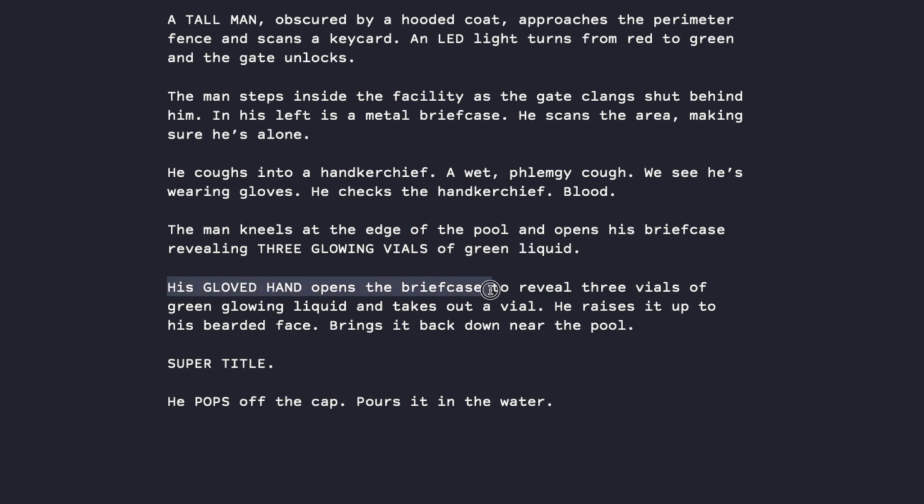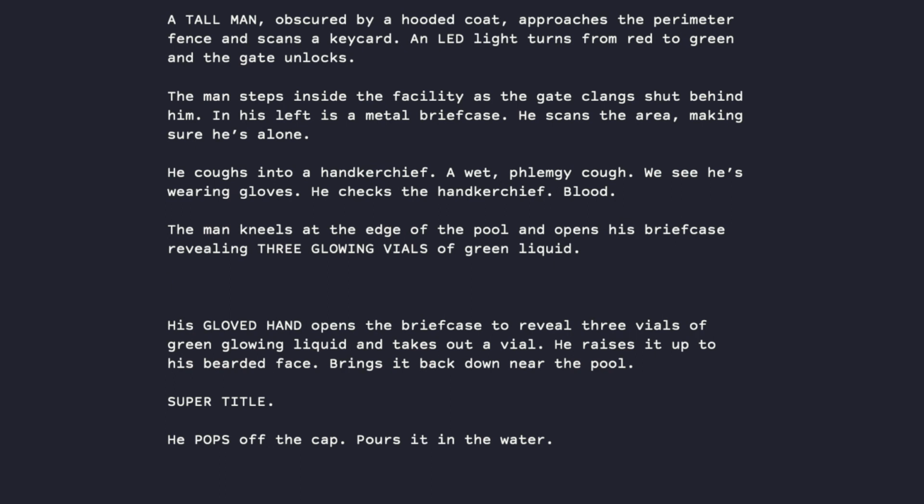Putting the opening of the briefcase and the reveal of the vials and him taking out the vial all in one sentence, this feels like an important moment, so I might break it up a little bit. Again, this is nitpicky, but I feel like it'll help sell and emphasize the drama. Let's illustrate that there's danger here. So why doesn't he carefully removes a vial?